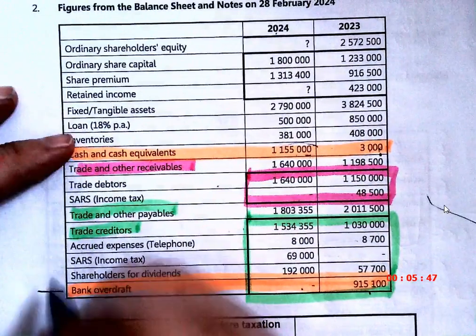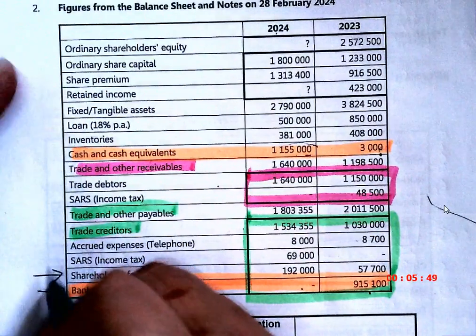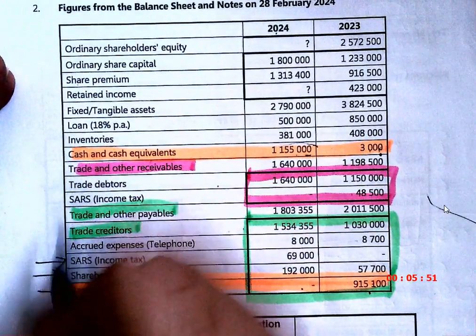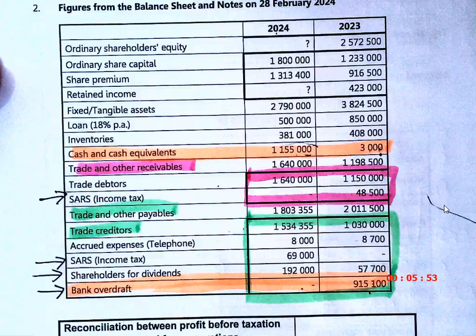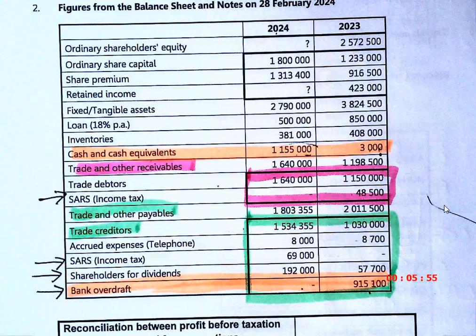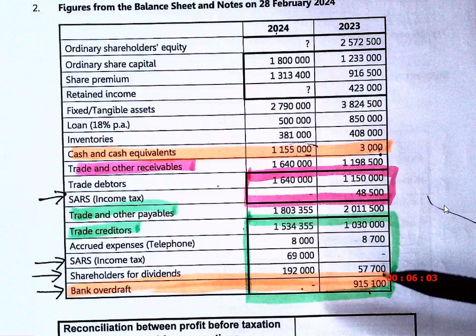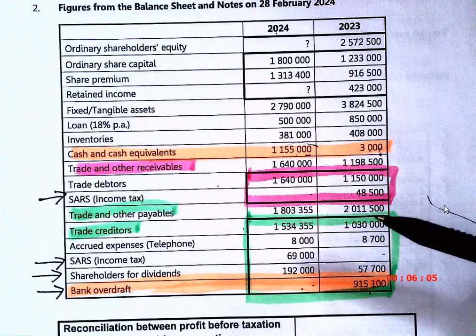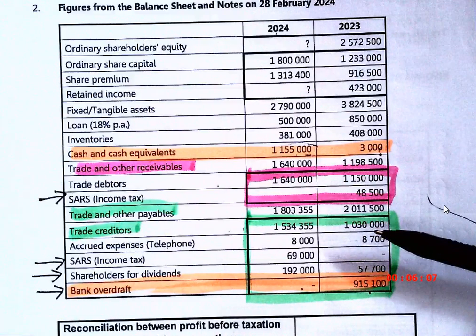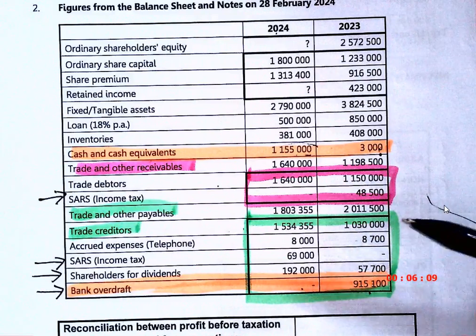You are also not allowed to use shareholders and such. And then of course, obviously also not short-term loan. Remember, you must put the short-term loan in the note for trade and other payables, you can put a short-term loan there. So you don't use that.